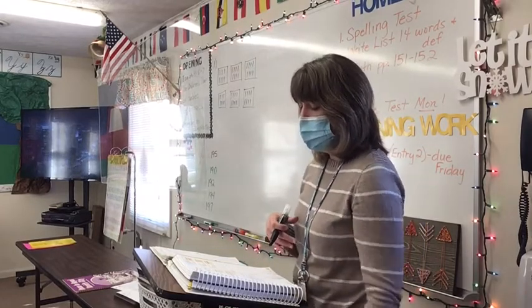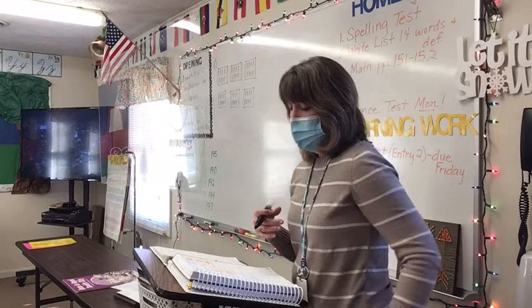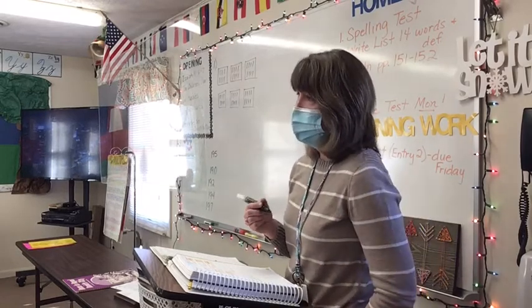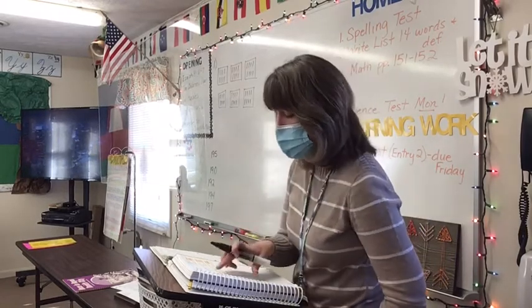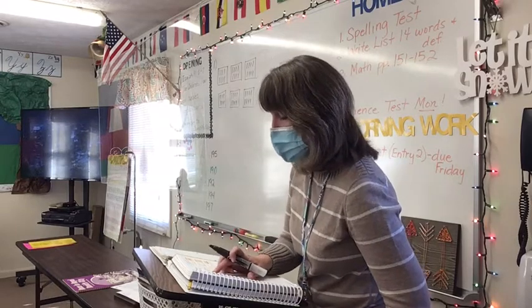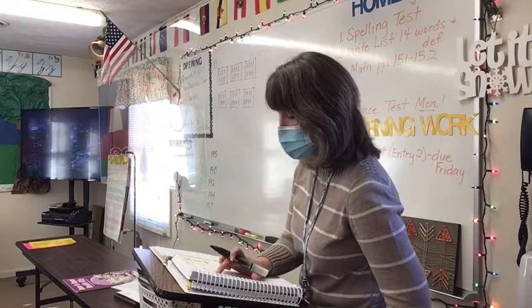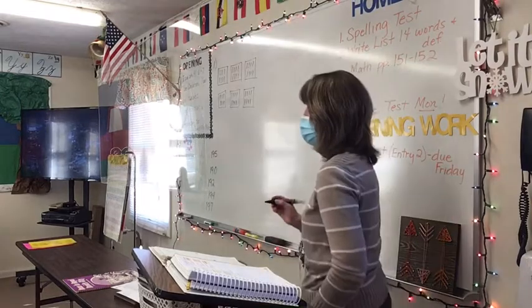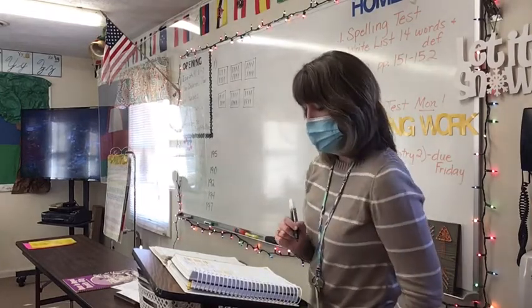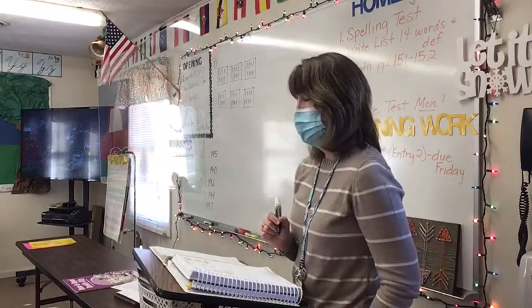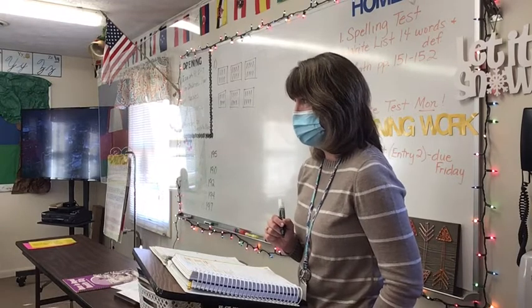So what's the label for that? 9 what? Rows? No, it was 7 rows. Chairs. Yeah, it says how many chairs are in each row. So there's 9 chairs. So you write chairs in the blank.